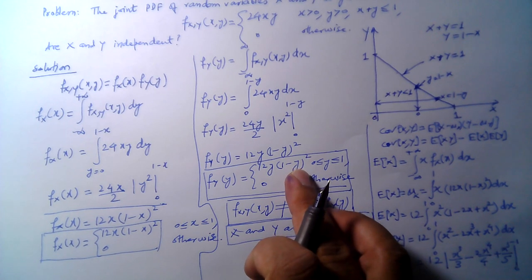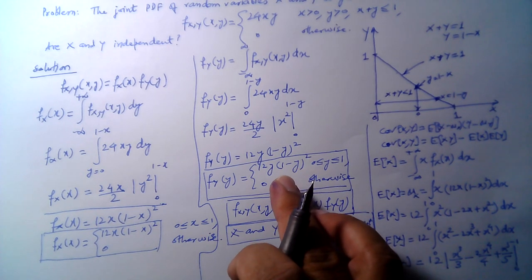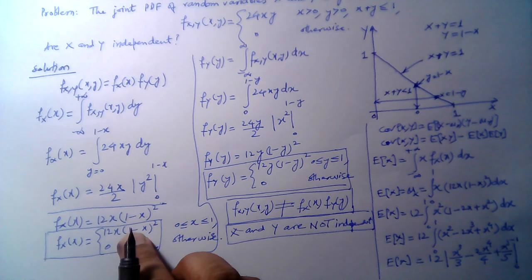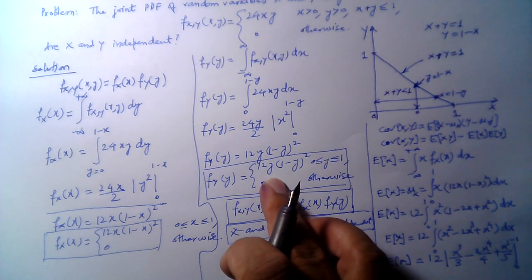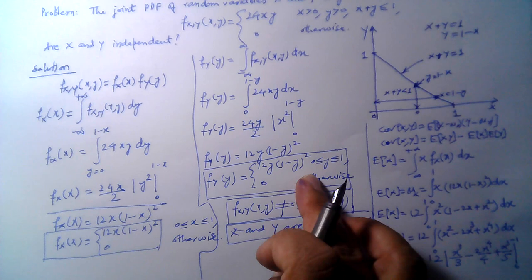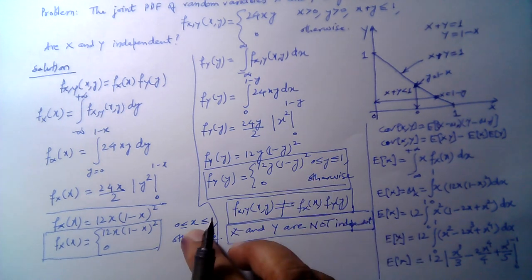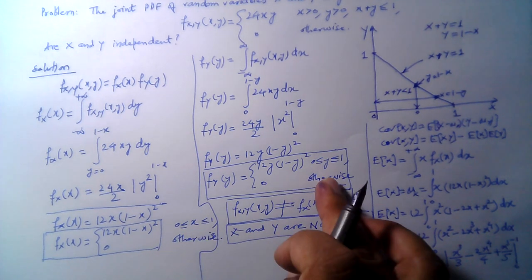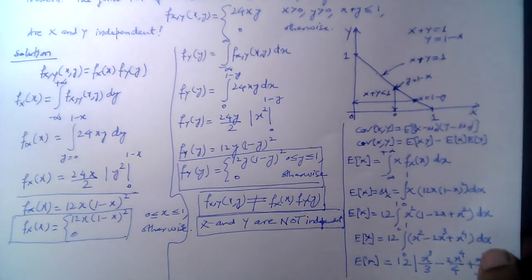If you look carefully, the PDF of y and the PDF of x are quite the same, only the change of variable, right? If you replace x with y here, this will be the PDF of y, and the range is also the same, 0 to 1, right?